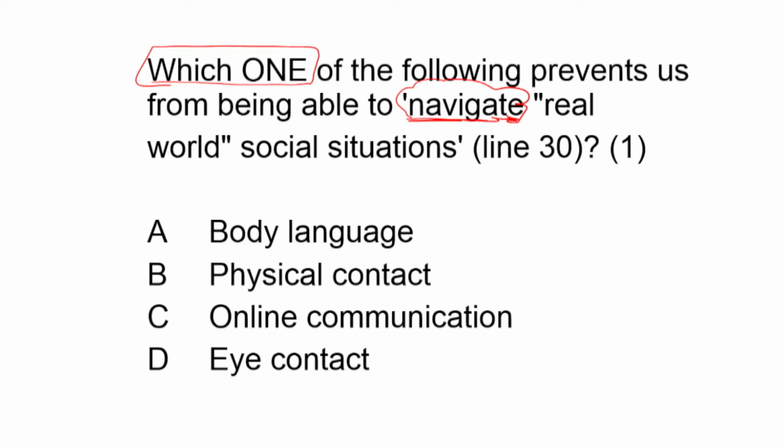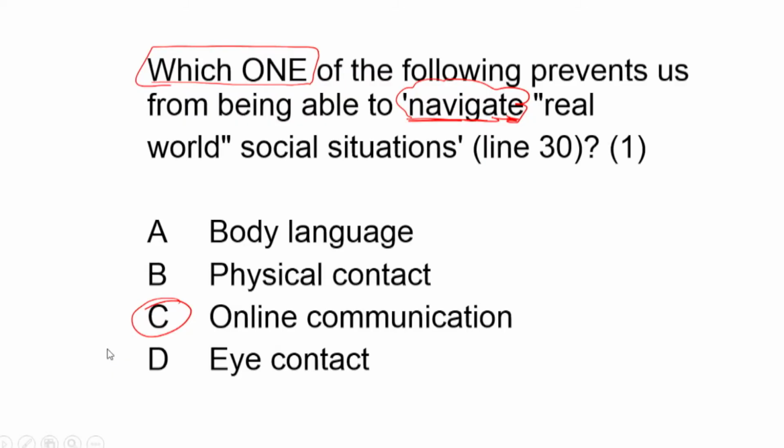Which one prevents us from navigating, prevents us from understanding? Well, I think it's fairly obvious. The real-world social situations are situations where you can read people's body language, where you have physical contact, where you give somebody a hug if they're upset, where you have eye contact. And what stops us is, I agree, online communication.